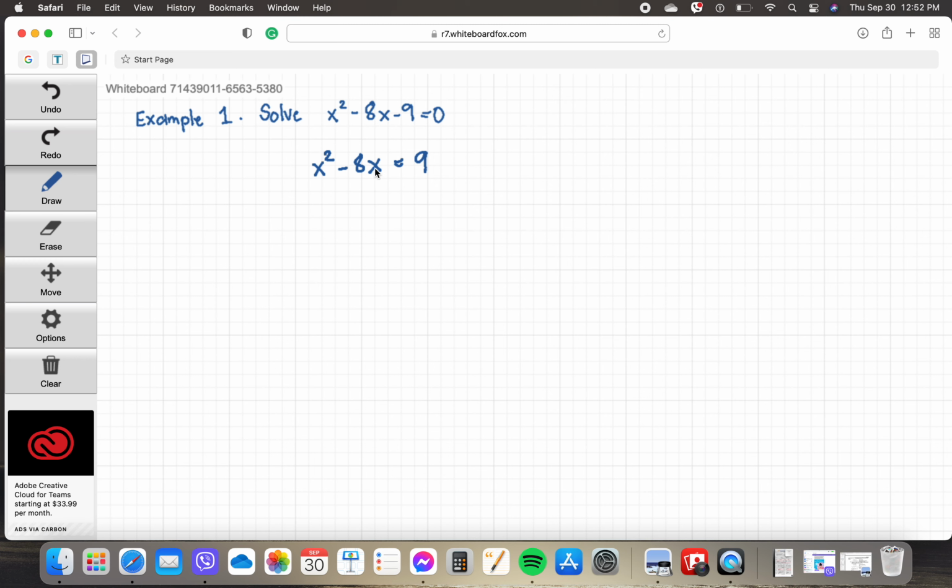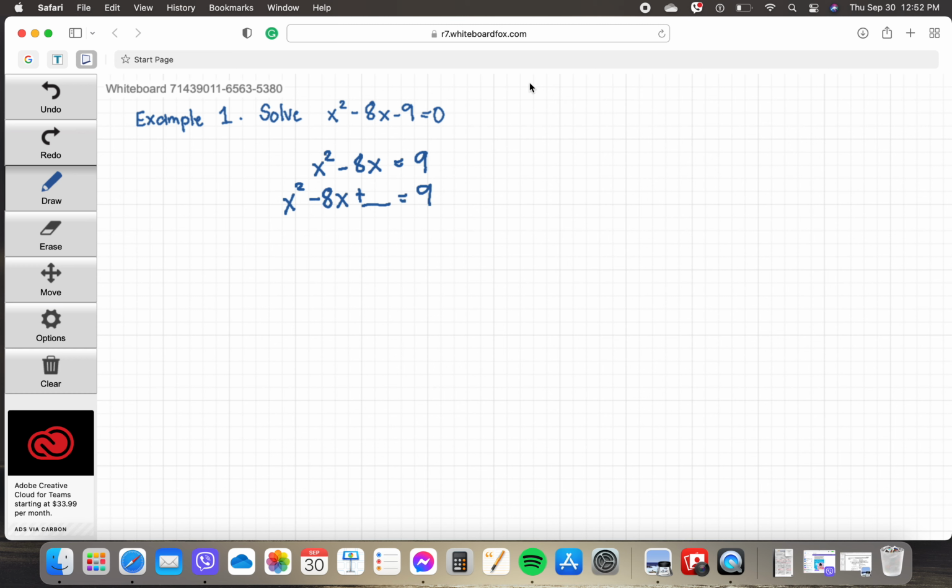So, we're going to make this a perfect square trinomial. So, remember na in order for us to do that, all we need to do is to divide yung b natin, okay, by 2, and then get the square of the answer. So let's try negative 8x plus, so whatever is the answer of that.